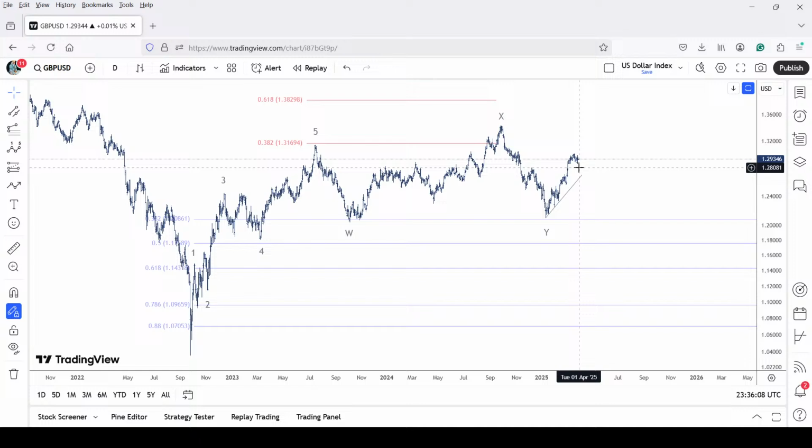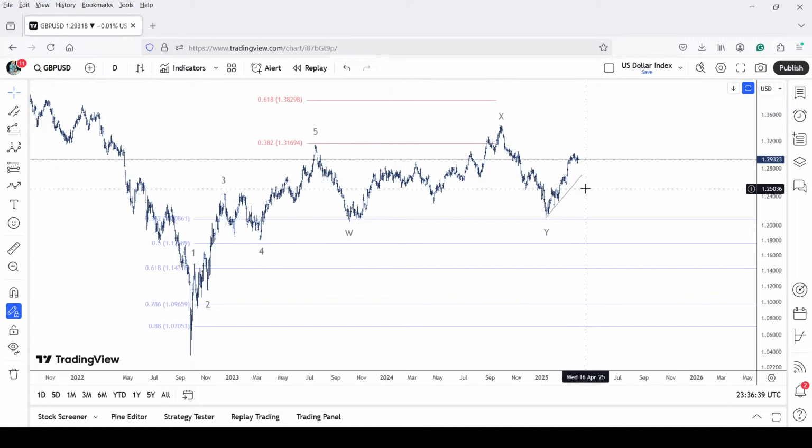Now, keeping this bigger picture in mind is always going to help us determine what's going on in the shorter time frames. But always keeping this target 1.38 in mind would encourage us to initiate long positions right now as we terminate lower degree wave 4 and possibly lower degree wave 5 is underway.